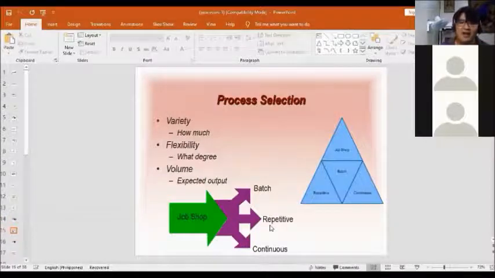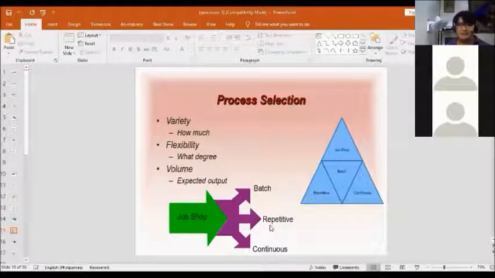And for process selection, these are the three factors that affect it: variety, flexibility, and volume.